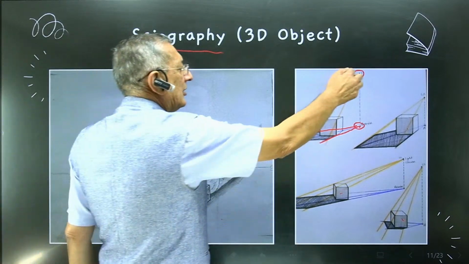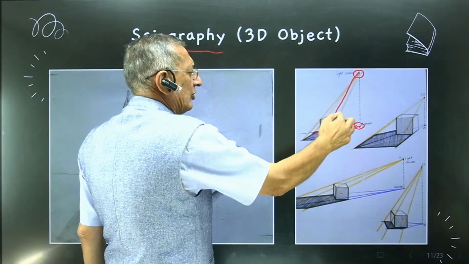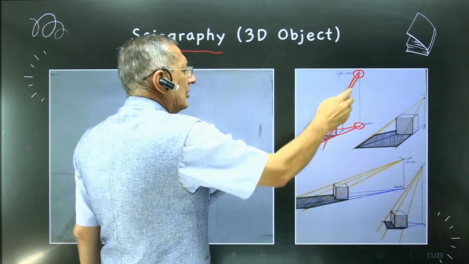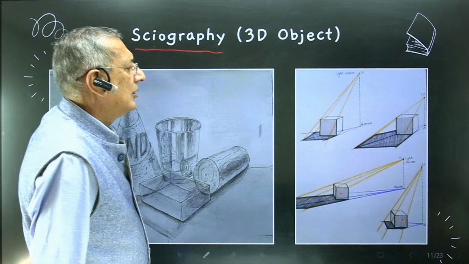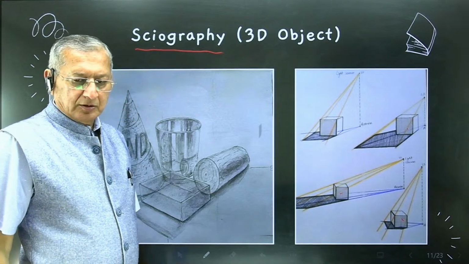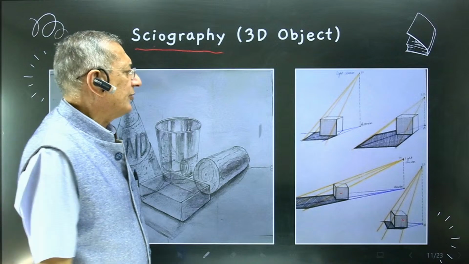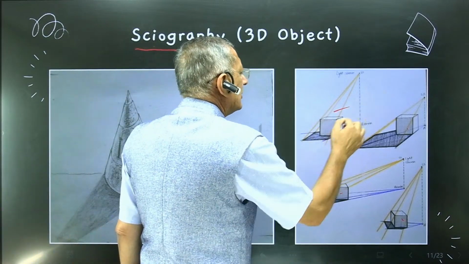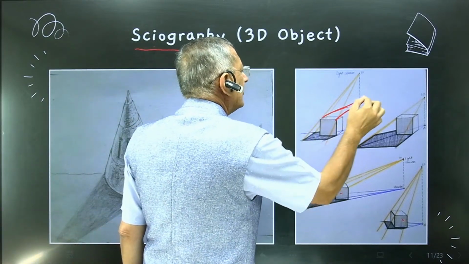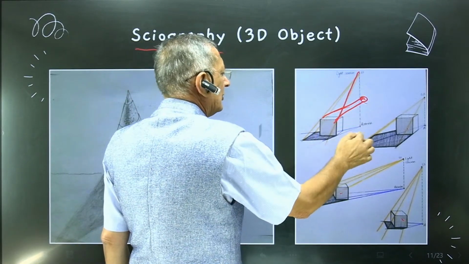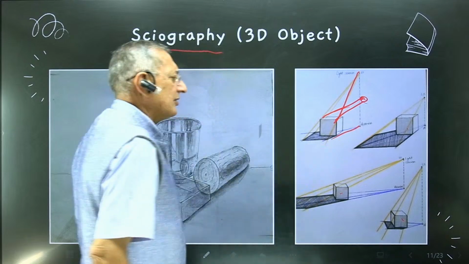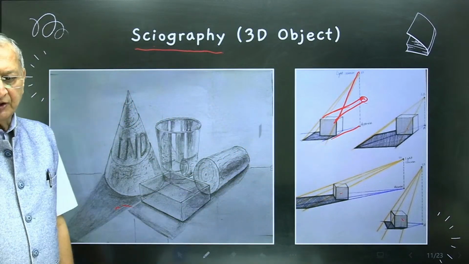And the deviating line from the light source works as the second vanishing point. The first vanishing point is the construction of the object. Second vanishing point is the light source. Third vanishing point is the asterisk. You draw a shadow.